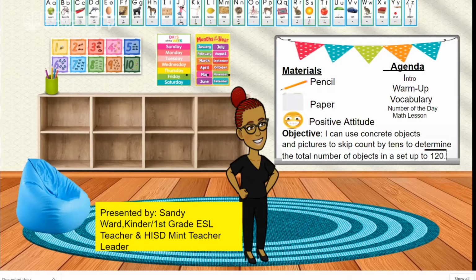We are going to start with our introduction, go through our warm-up, have our vocabulary, talk about our number of the day, and our math lesson for skip counting. So let's get ready to go on this amazing math adventure. Be sure you have your materials and you are ready to jump right into the learning.